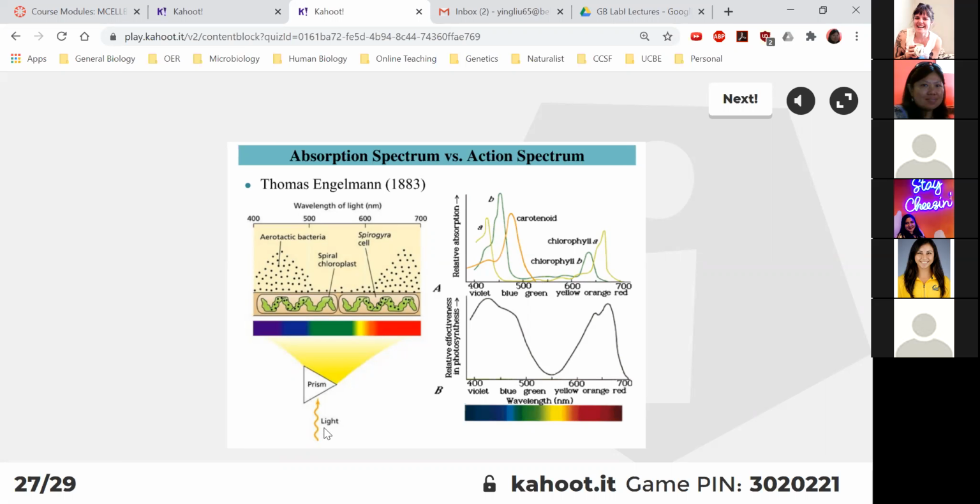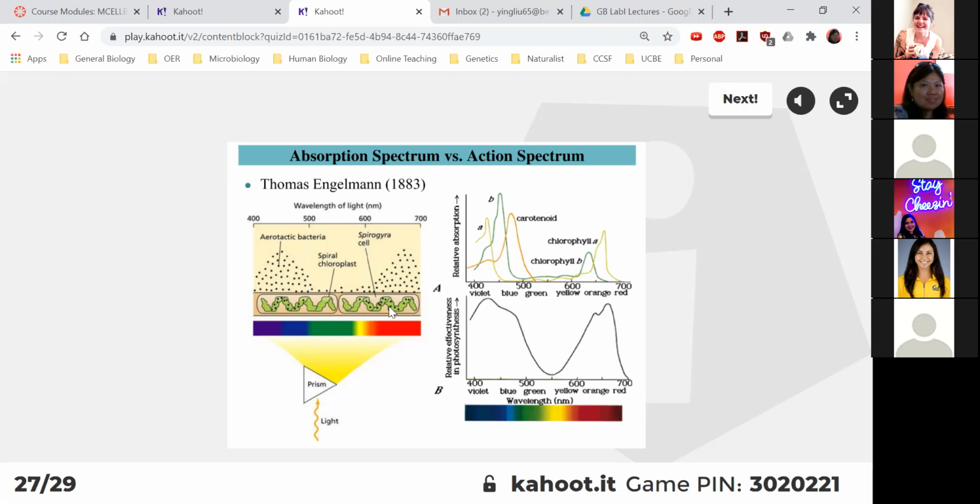So the setup is actually really simple. He used a prism to literally split visible light, so then you can actually see a rainbow going all the way from violet to red. And the organism he used was this algae called Spirogyra. It's one of my favorite algae because they can arrange their chloroplast kind of in a spiral.